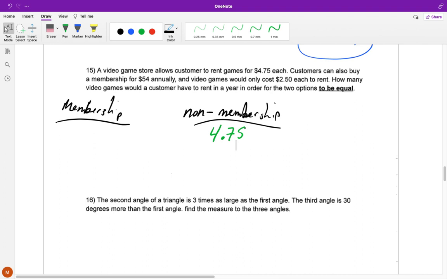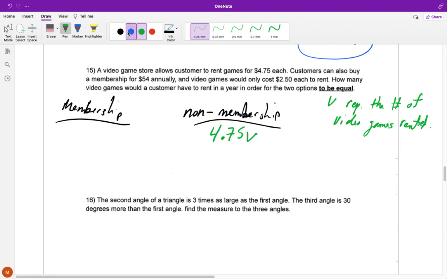And we could think about it as we're adding that every single time, and repeated addition we know is multiplying. So I'm going to represent the non-members as $4.75 times V. So now I wrote this variable in. So what does this variable represent? So V represents the number of video games rented.